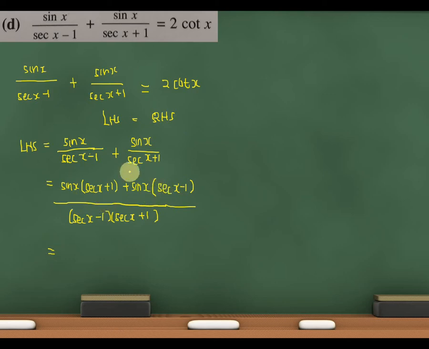Try to simplify the numerator. So I take out my sine x. Simplify, I always like to factorize out. I don't like to multiply in because we want to make this simpler and not make it more complicated. So I'm left with secant x plus 1 plus secant x minus 1.